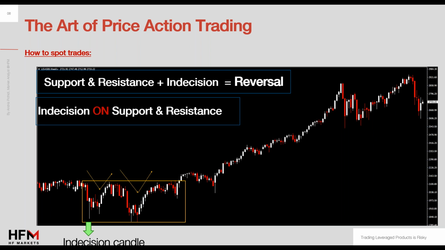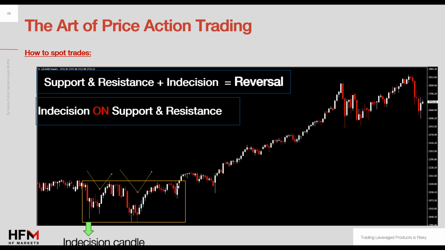Such an example is this repeated ceiling over here, which actually took many weeks. The asset tested it again and again and again, for I don't know how many weeks. It looks like a whole year, in the 2100s territory. So that's a very strong resistance level. Why? Because these candles are weekly candles of the S&P 500.